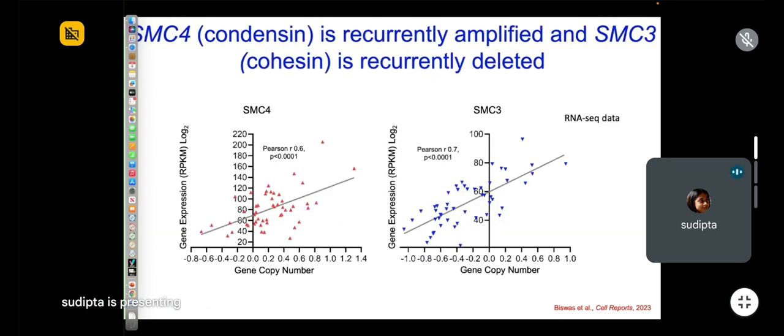So now we thought, okay, if that combination didn't work, how can we improve that treatment with another combination. As I mentioned, there was another co-repressor, SMC4 condensin, which is required for the nucleosome, that open chromatin. That one is highly amplified in these cells, small cell lung cancer, and SMC3 is going low.